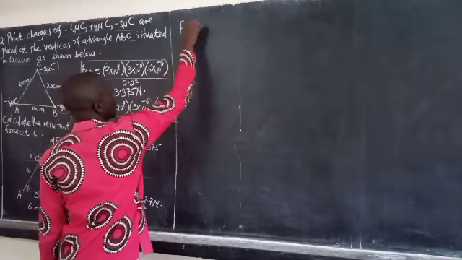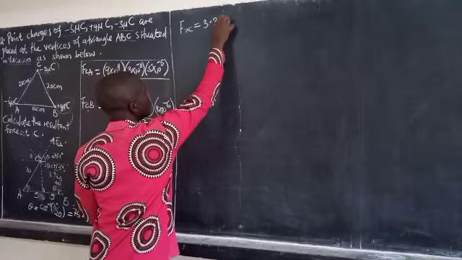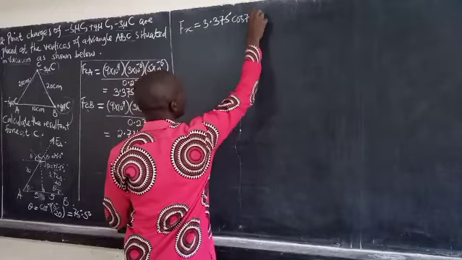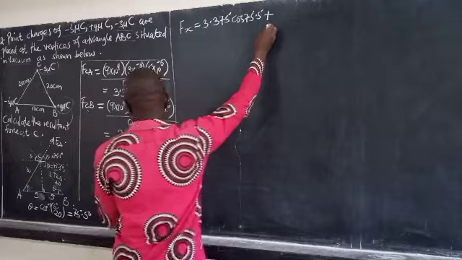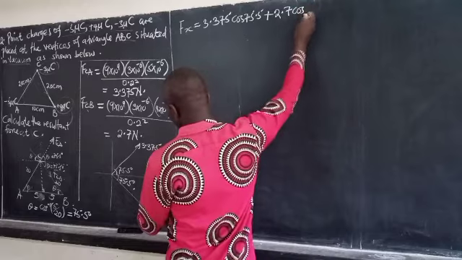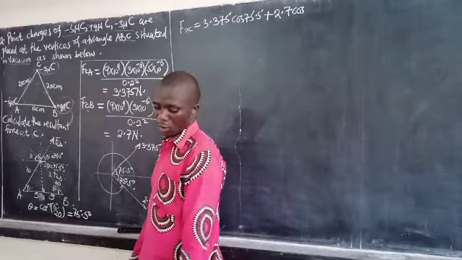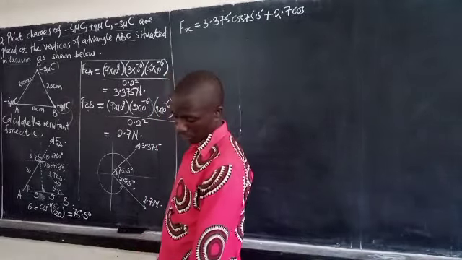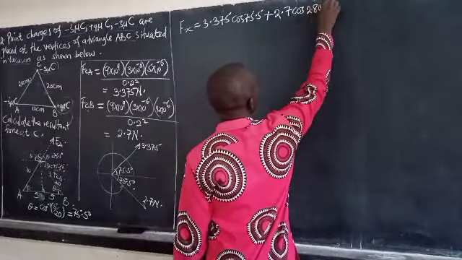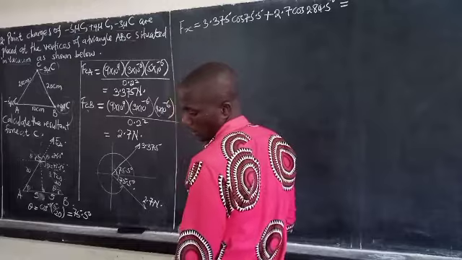So the resultant force along the x, I begin with this one: 3.375 cos of this angle, which is 75.5, plus 2.7 cos of that angle, which is 360 minus 75, which is 284.5. And when you resolve that, you get 1.521.